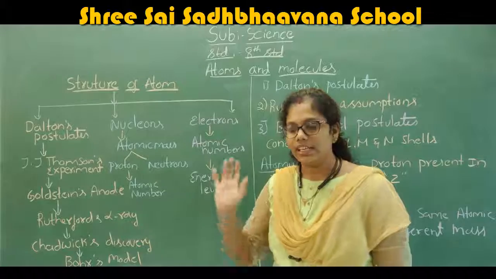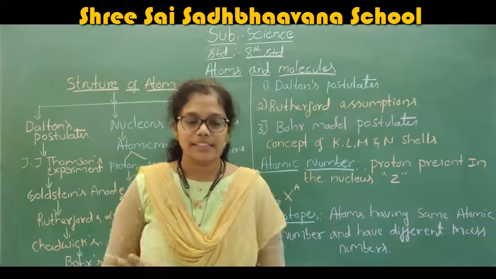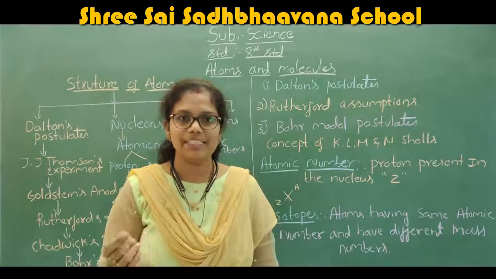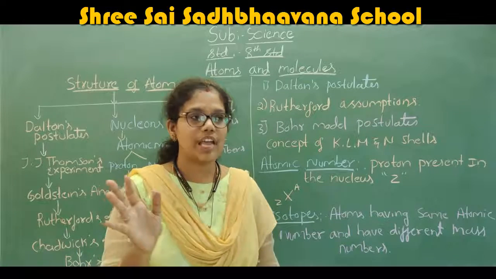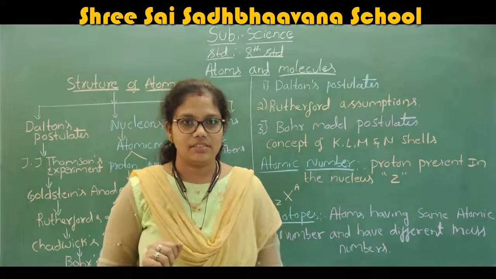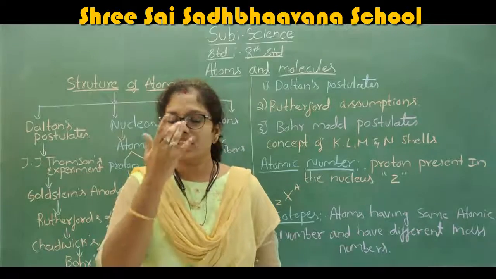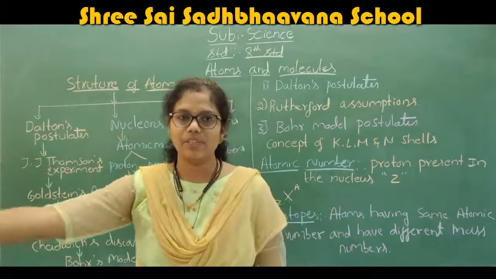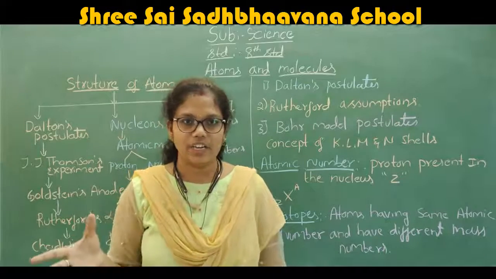I am giving an example for this postulate. Consider that in your family, the characteristics of your family members are similar. You have some similar characters, maybe height, hair color, like that. But if you see your neighbors, the characteristics of your neighbors and your family are different, right?